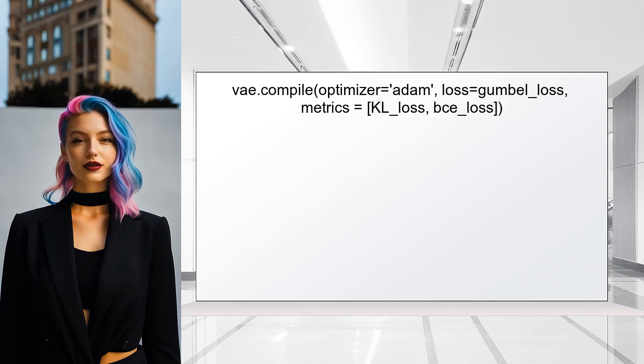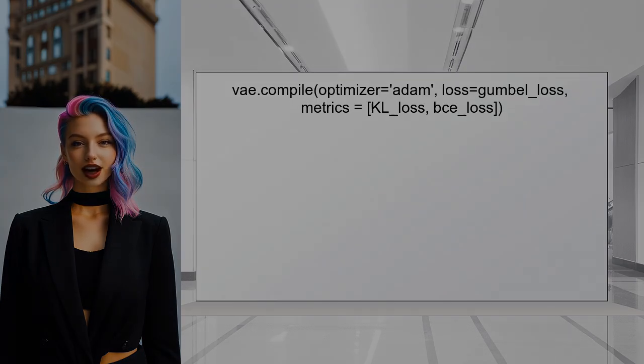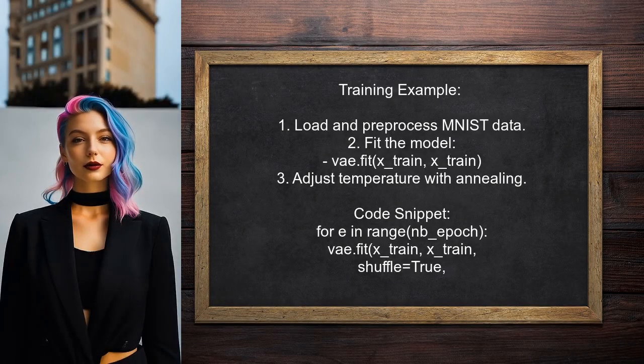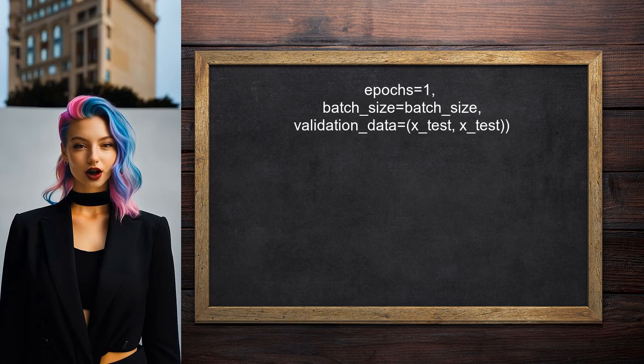The user defines separate functions for the KL divergence loss and binary cross-entropy loss, ensuring that the metric functions accept the required arguments. They also provide a code example that demonstrates how to set up the model, compile it, and train it on the MNIST dataset. This approach allows for monitoring both the KL divergence and binary cross-entropy losses during training.